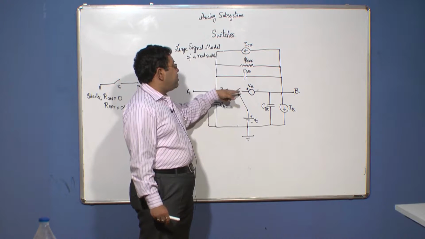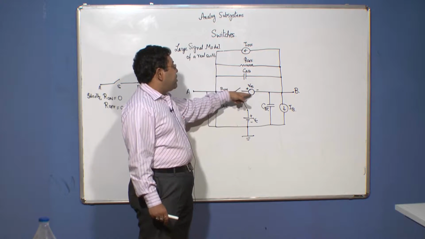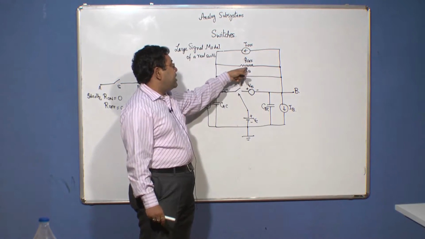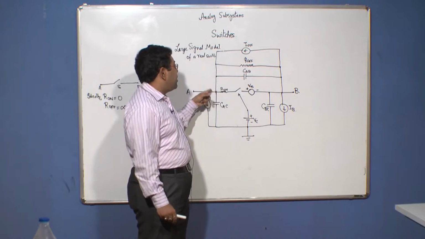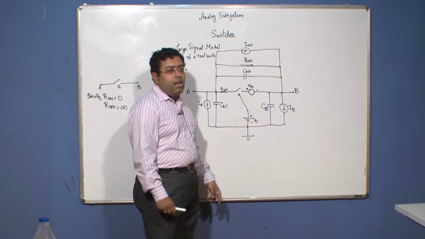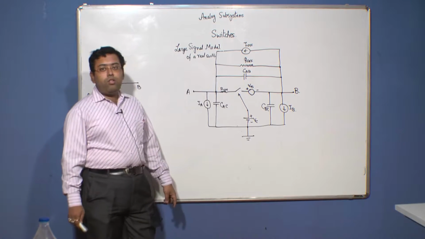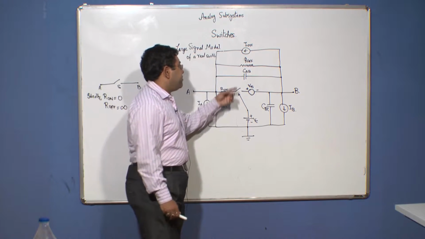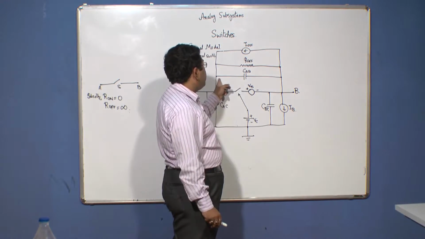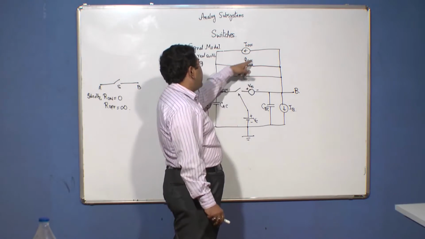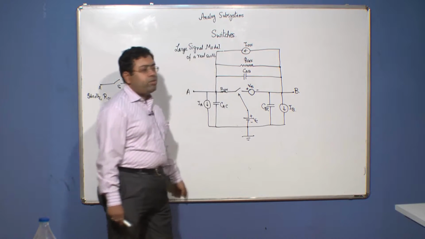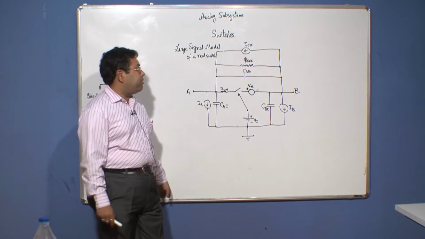So when the switch is open, current cannot flow through this path, but in lieu of that it takes this shunt path to come to this node. That's why this R off has to be a very high resistance, typically of the order of mega ohms. The capacitance CAB indicates the coupling capacitance between these two terminals, and I off gives a measure of the leakage current that flows between the terminals of the switch when the switch is open.